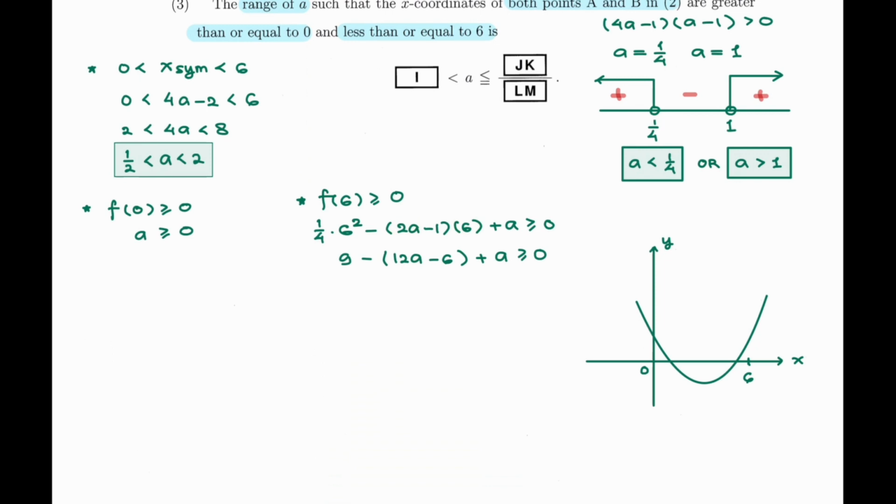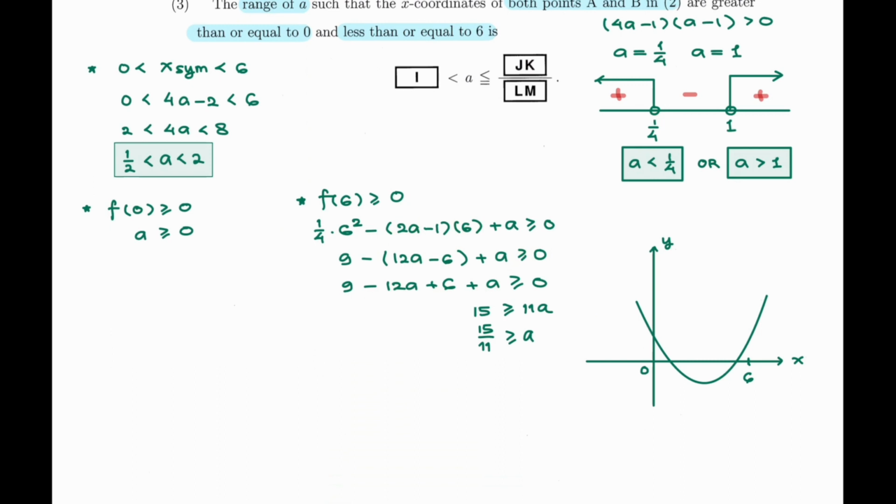That means 9 minus 12a plus 6 plus a is greater than or equal to 0. 9 plus 6 is equal to 15, and then I will move negative 12a to the other side and plus a to the other side. Then you will obtain 12a minus a, which is 11a. Therefore, a must be less than or equal to 15 over 11.